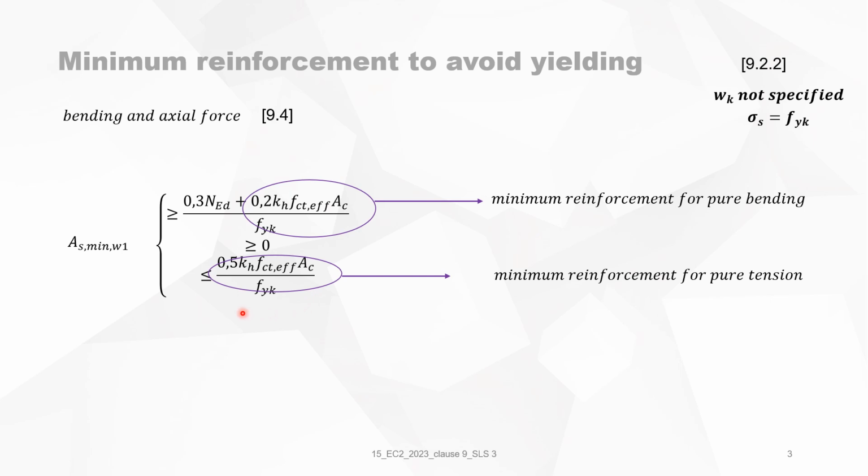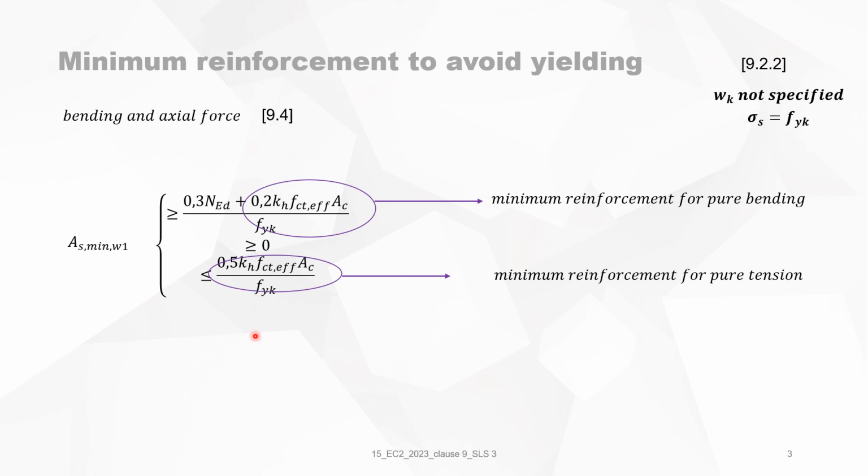And you will see in this line the 0.5 kH, which is the minimum reinforcement for pure tension. So you will see that the minimum required reinforcement for bending and axial force is somewhere between the minimum reinforcement for pure bending and for pure tension.